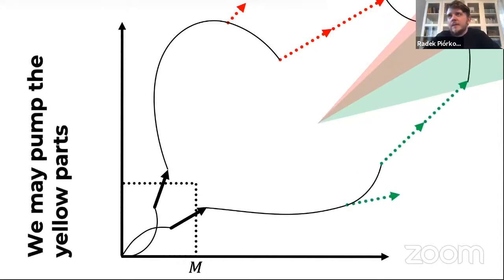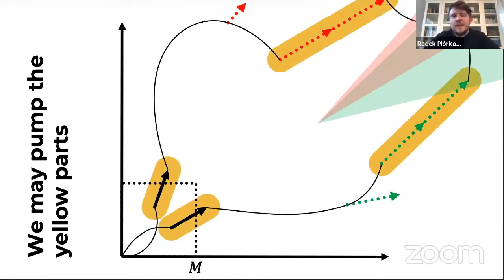And because of the requirements that we encoded in the system of inequalities, we end up in the same point. So now we just produced a bigger valid run. And now we may pump those yellow parts. That is, we may insert them many, many times, and we will get bigger and bigger valid runs.